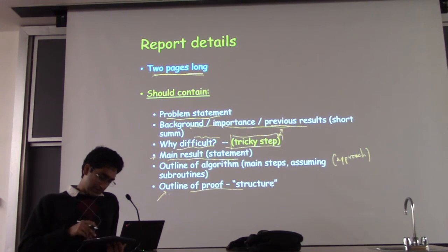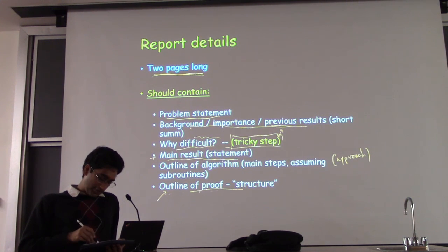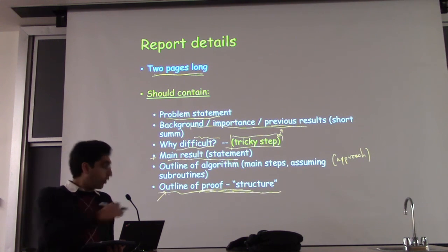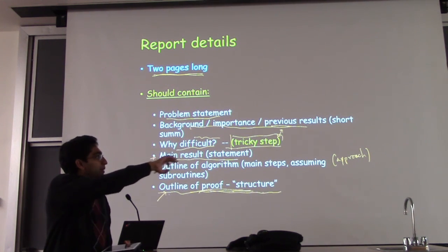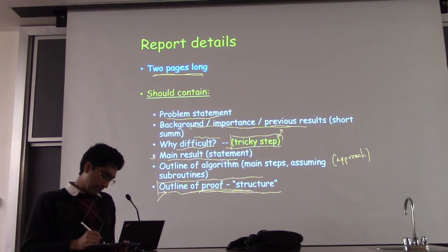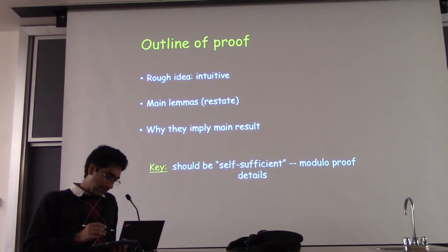In that sense, the outline of the proof is very important, so I want you to be able to identify that. Of the lot that I have here, apart from why it is difficult, this is probably the thing that needs the most explanation. So let's go into detail.